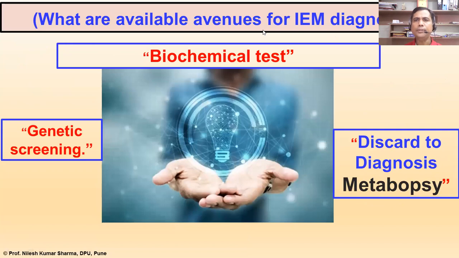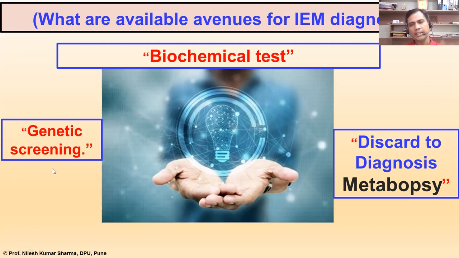So what avenues are available for the early diagnosis or diagnosis of IEM or IMD? We know there are certain genetic screenings available for selective IEM. Those are very well known, but there are many IEM, collectively, that are not so frequently known. That is one of the gaps.